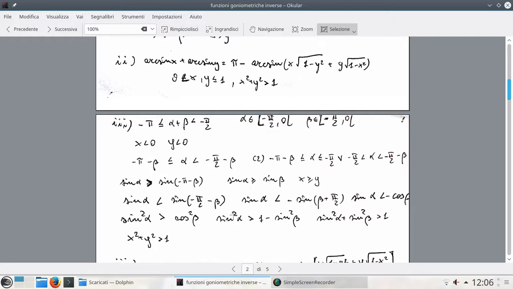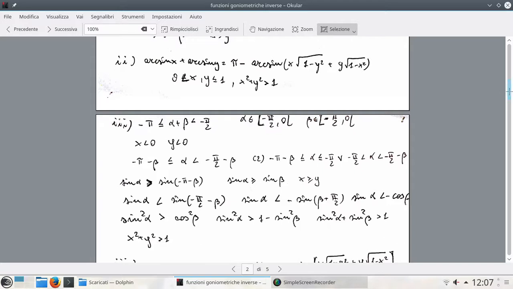So sine square alpha greater than 1 minus sine square beta, and we have finally x square plus y square greater than 1.